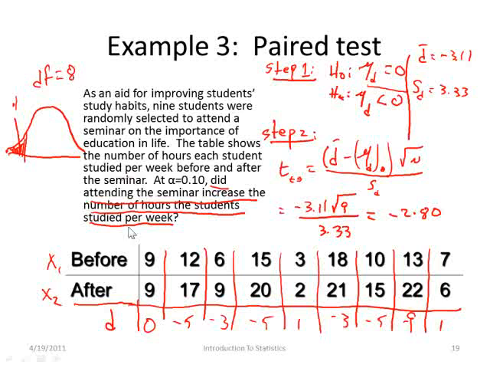So going and looking up the critical value on the T chart or using your calculator, I came up with negative 1.397. So you can either go to the tables, look up the column of 0.1 and go down to 8 degrees of freedom, or use the inverse T, 0.1 comma 8, and you'll get this number.